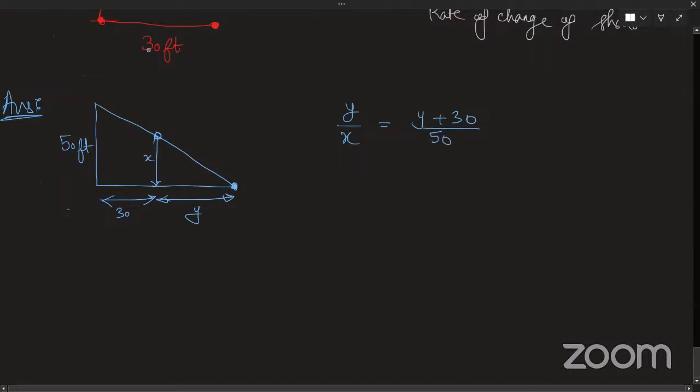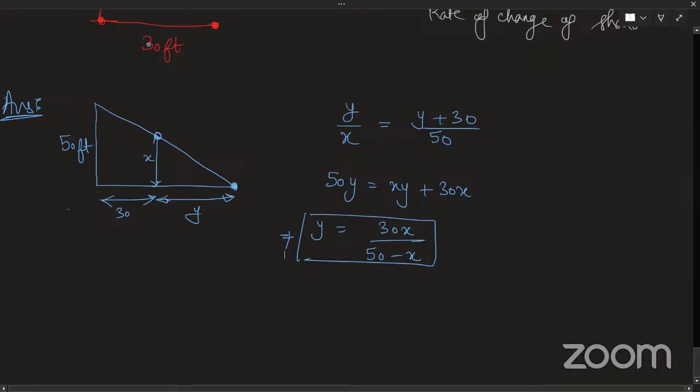Is this thing correct? So 50y is equal to xy plus 30x, right? So I need to just separate out my y. So my y can be written as 30x by 50 minus x. Correct? Everyone got it? Any doubts in this one?